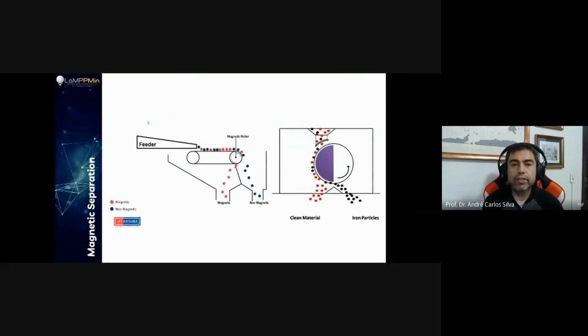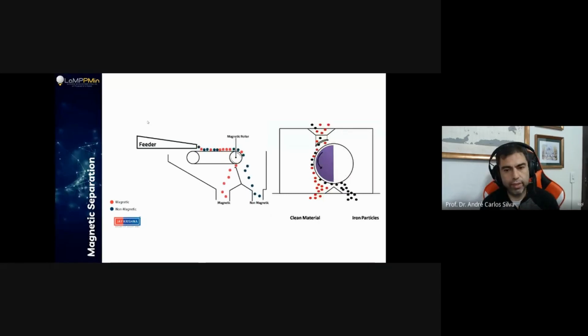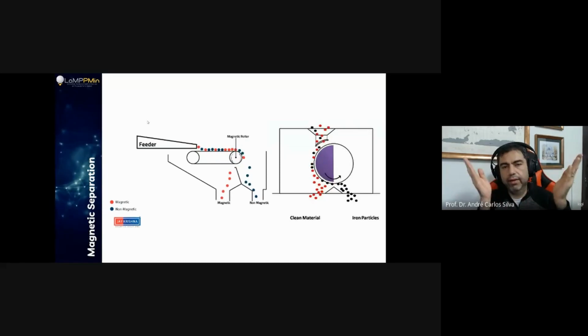So now you can see two different drum separators. One is the separator at the end of the belt, just as I showed you before, but on your right hand side you can see something different. This drum is not rolling at the end of a conveyor belt. On the opposite, it's just below a chute, or a bin, a silo.